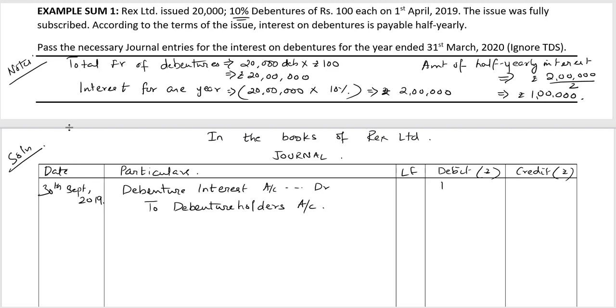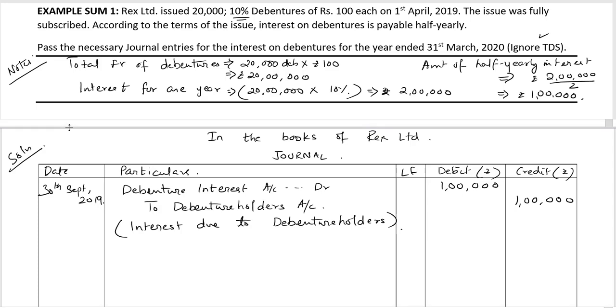Half yearly interest due 1 lakh rupees. For interest due to debenture holders. Please note, this entry is passed because we are asked to ignore the tax deducted at source.